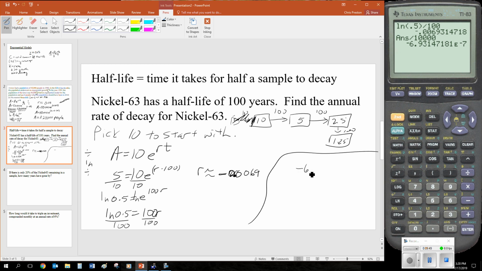This would mean negative 6.93 times 10 to the negative 7th. That's what this e negative 7 is saying. This is how this calculator shows scientific notation. So if you see something like that, make sure when you write the rate, you write that part, times 10 to whatever that power is. But I didn't have that on this problem.